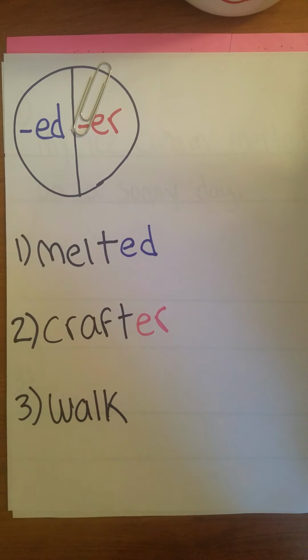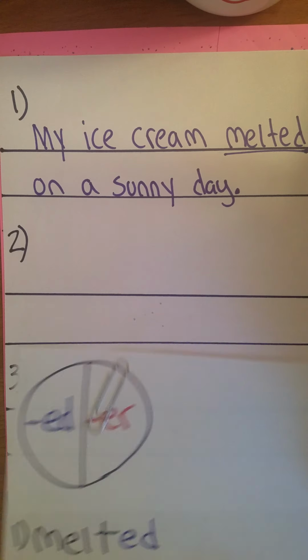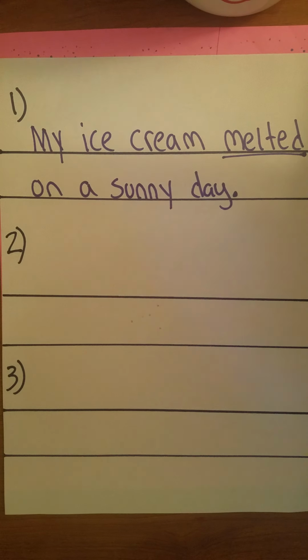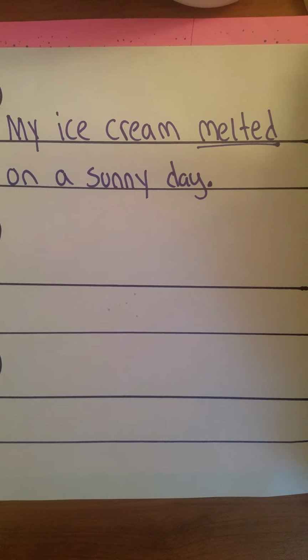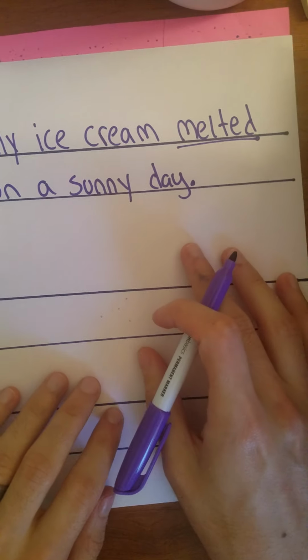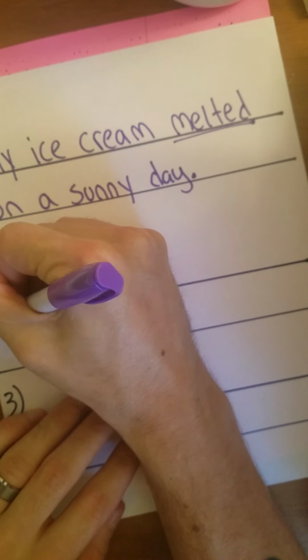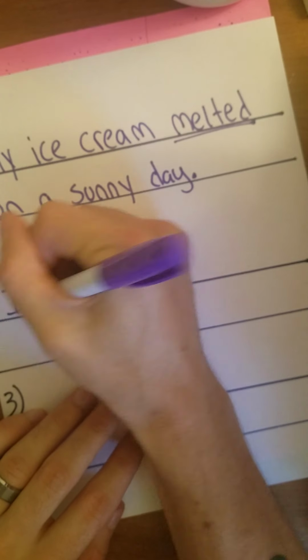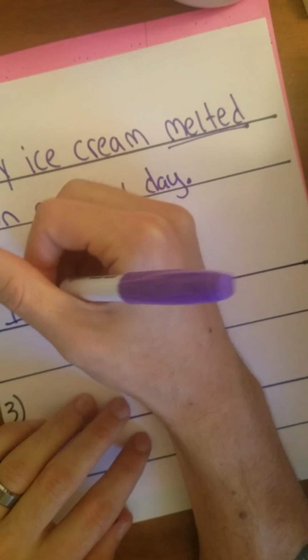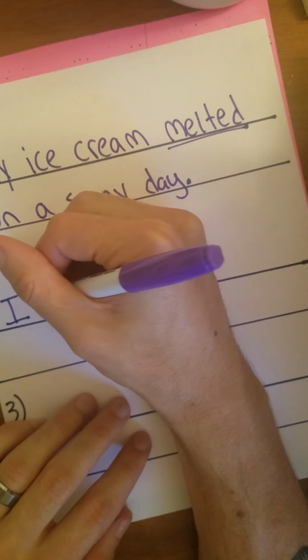Crafter. Maybe you're thinking of a sentence that you could use with the word crafter in it. Do you know anybody who's a good crafter? For my sentence, I think I used this one yesterday, but we'll use it again. We'll go with the birthday man, Mr. Elliot.